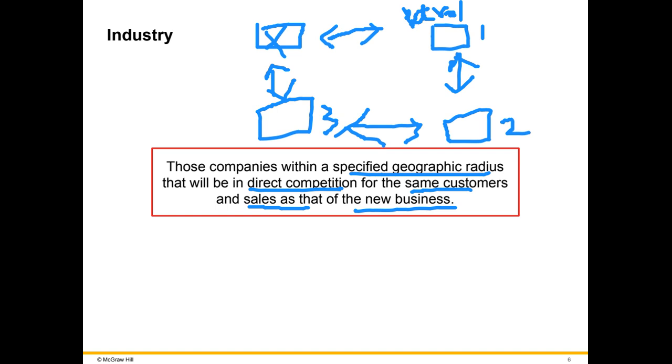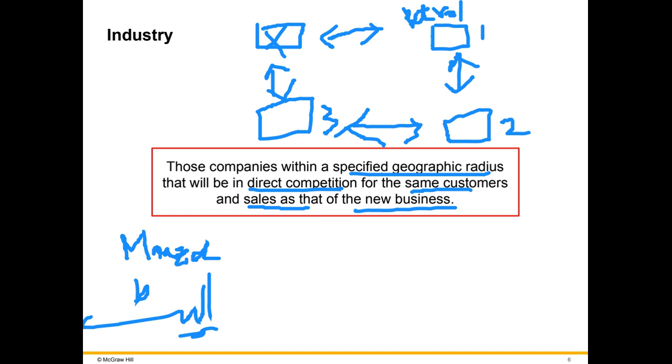For example, if you are trying to open a Mazda outlet at a particular location, or Albaik, what are your competitors? Students, can you please write down the competition for Mazda, if we are planning to offer Mazda?